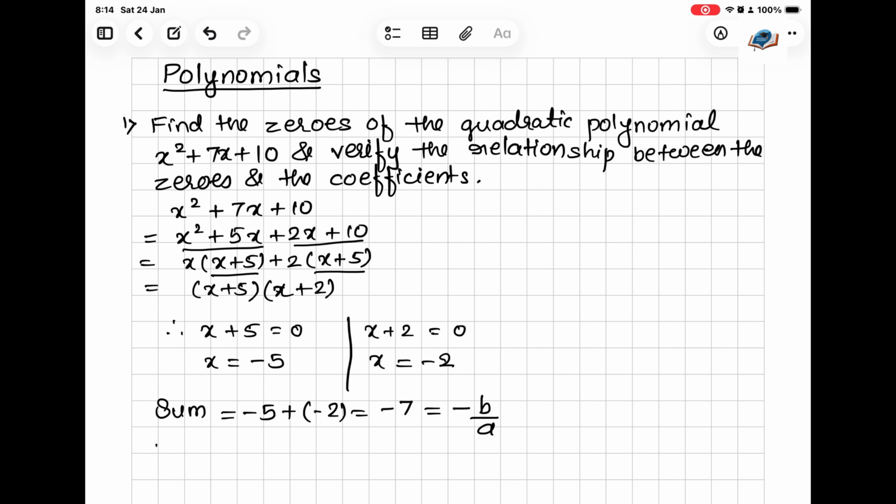And the product is minus 5 into minus 2, that is 10, which is equal to c by a. So here both the things are proved.